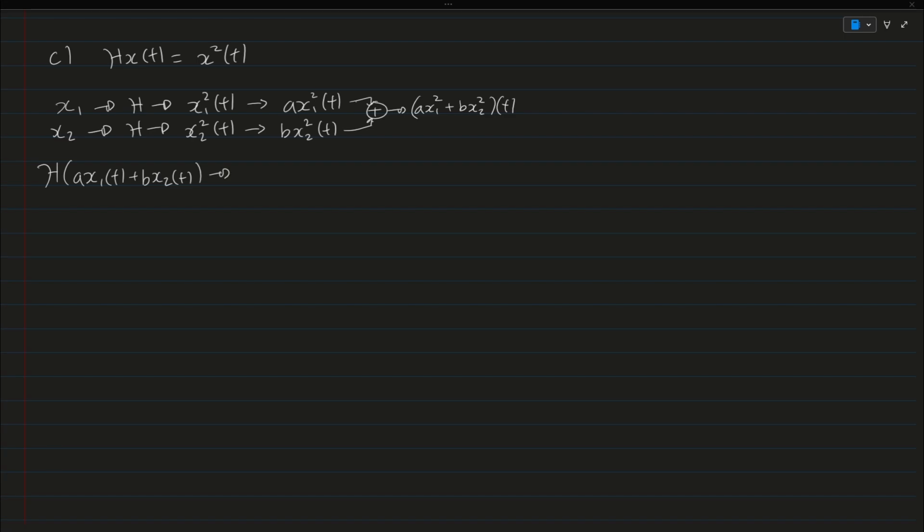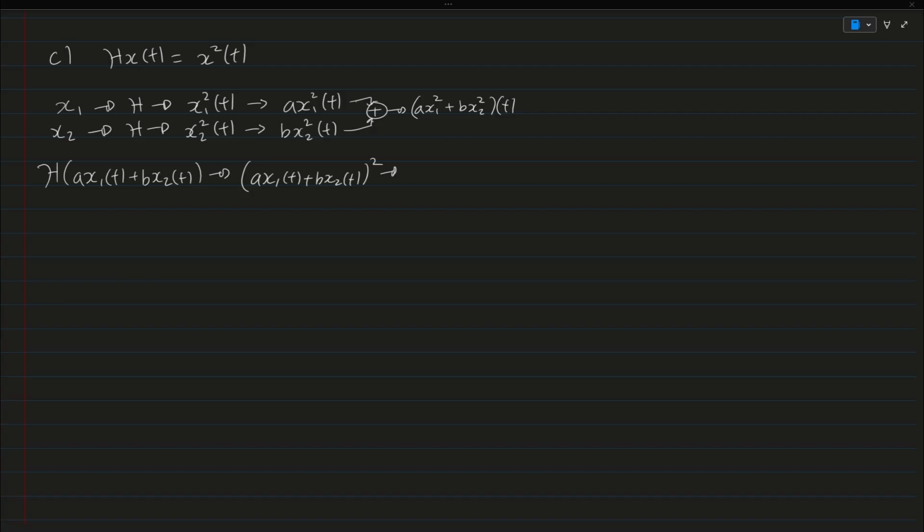What do we get? We see that the system squares the input. So we're going to get (ax1(t) + bx2(t)) squared.